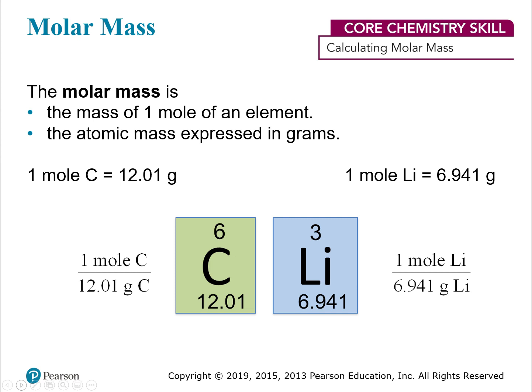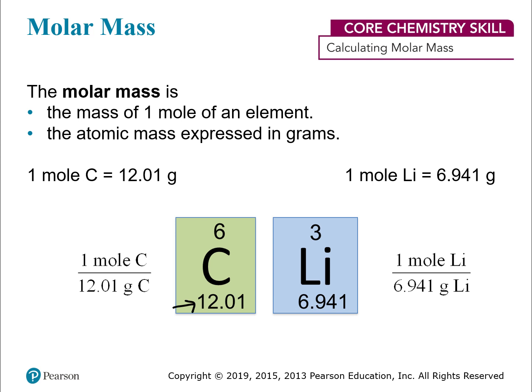Here's a couple more examples. So we said the molar mass is the mass of 1 mole of an element. You're taking the atomic mass and expressing it in grams. So for carbon, the atomic mass is 12.01.